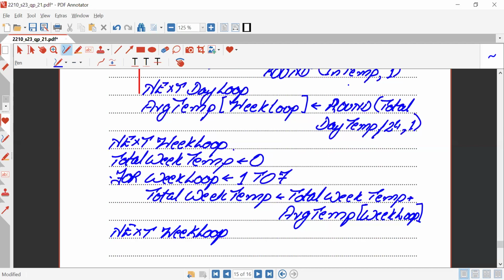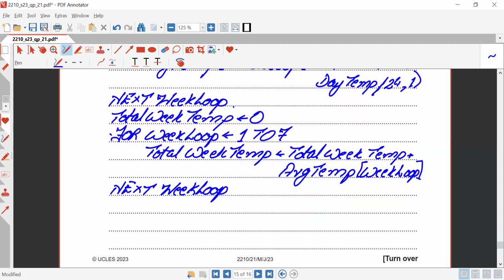Okay, now we have taken out the total of the week. Now we need to have the average of the week. So how are we going to calculate the average? Remember, again, we need to find the average to one decimal place.